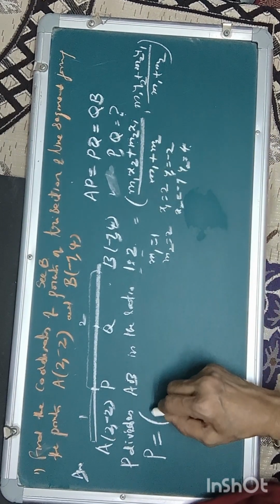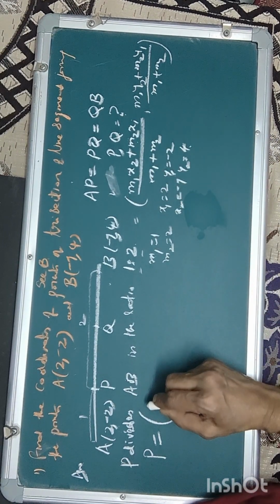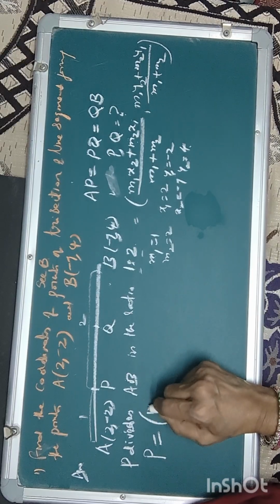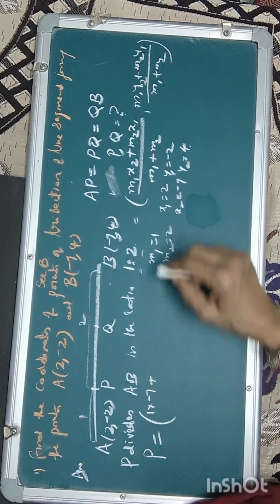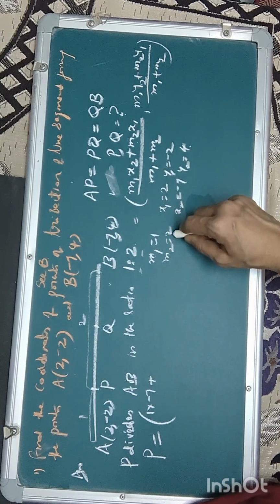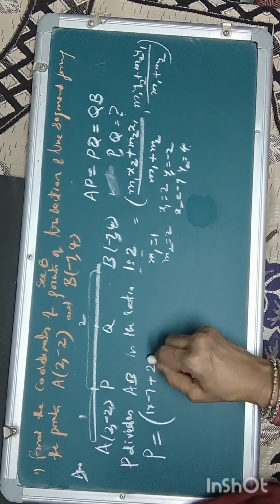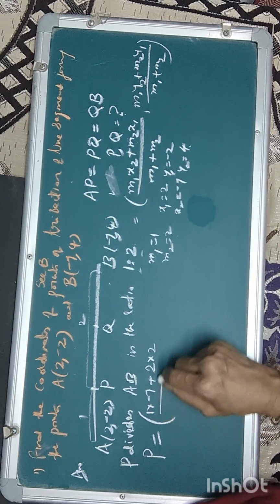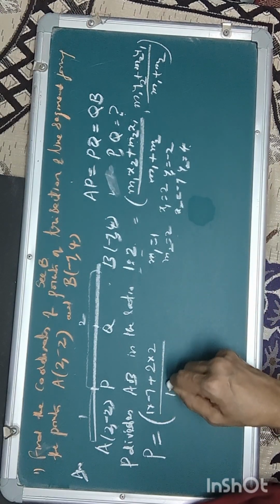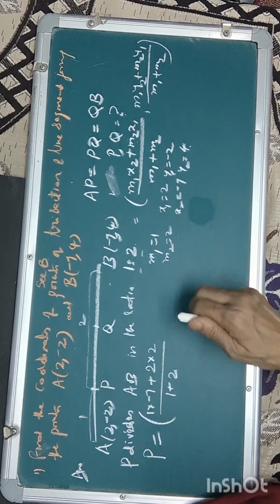Substituting in that, we get m1 x2, 1 into x2 is equal to -7, plus m2 into x1, m2 is equal to 2, 2 into x1 is equal to 2, by m1 plus m2, 1 plus 2.